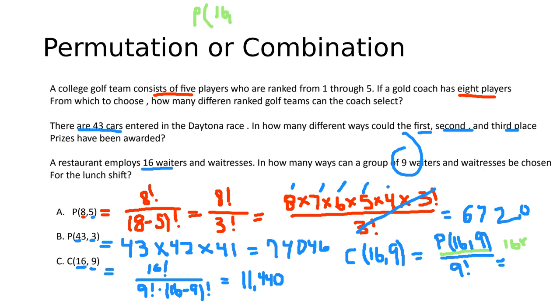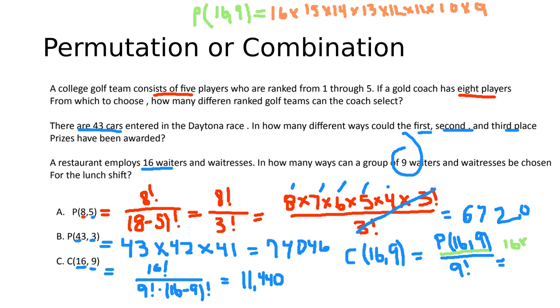So that's, let me get a different color. So 16 times 15, and you would do this all the way 9 places, right? So times 13 times 12 times 11 times 10. 1, 2, 3, 4, 5, 6. Okay, and so times 9.